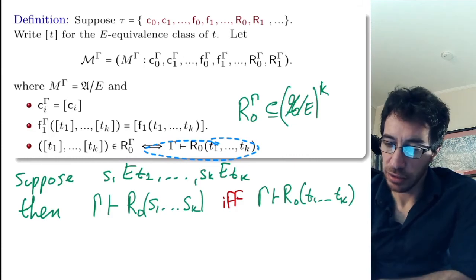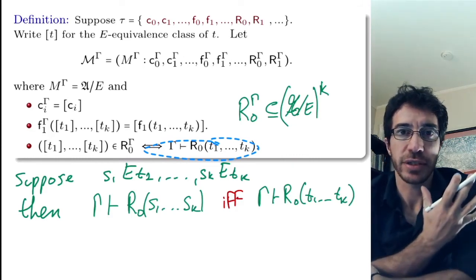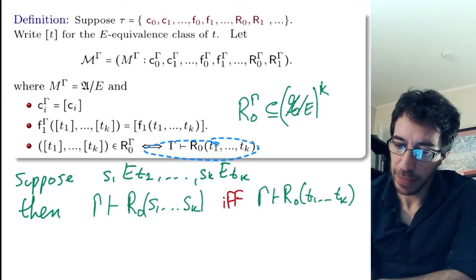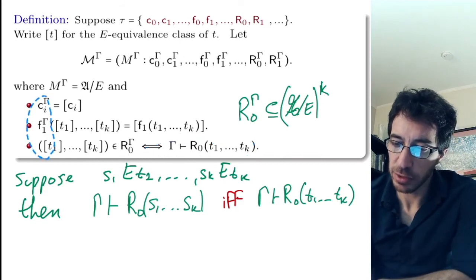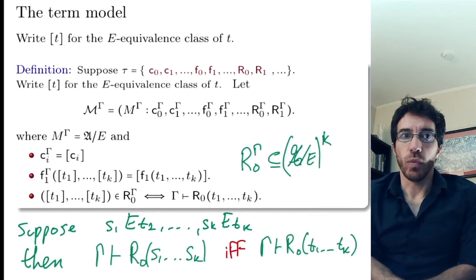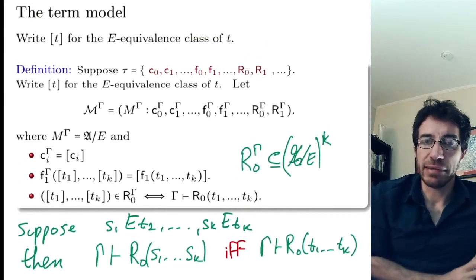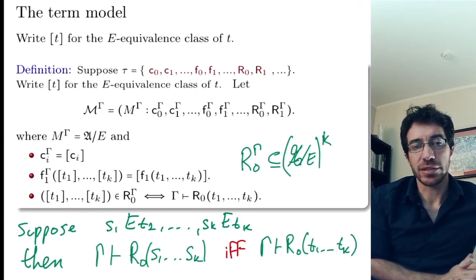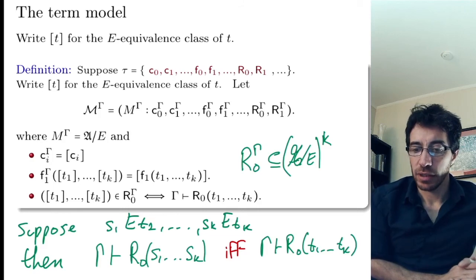Okay, so that finishes the definition of the structure. So the structure has interpretations for constant symbols, function symbols and relations, and that's the definition of a structure out of gamma. The next step is to figure out whether this is going to satisfy gamma.